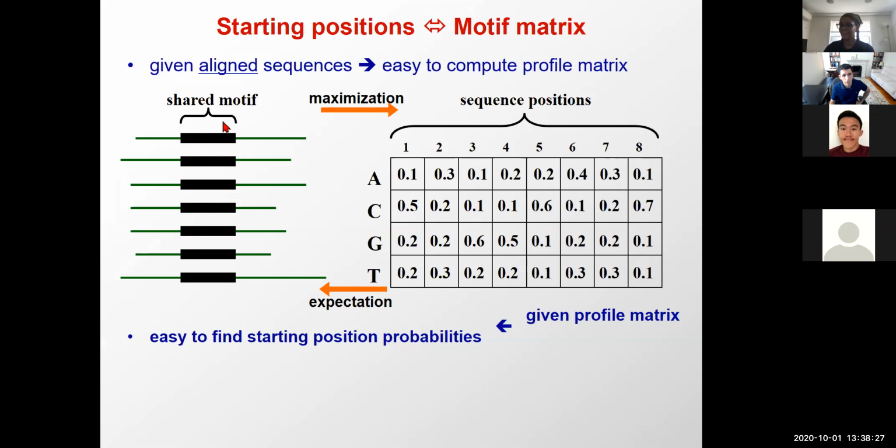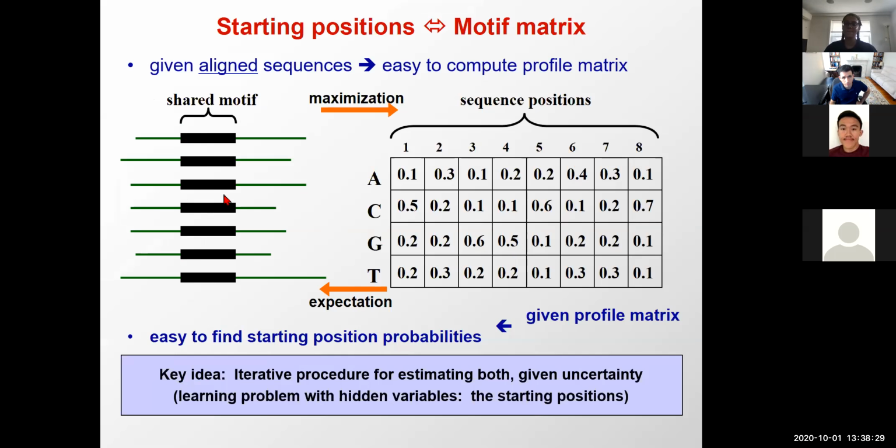Okay. So if I'm given an aligned set of sequences, I can compute the motif profile matrix simply by counting, at every position, with what frequency do I see each of the 4 nucleotides. And maybe here we'll have the C, A, G, G, C, A or T, C motif, okay?